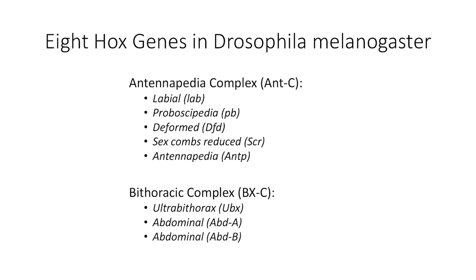There are 2 major HOX gene complexes in fruit flies known as antennapedia and bithoracic complexes, consisting of a total of 8 HOX genes as listed with abbreviations.